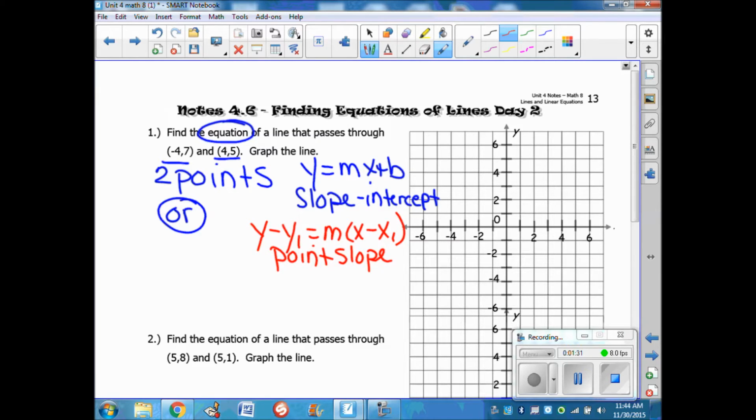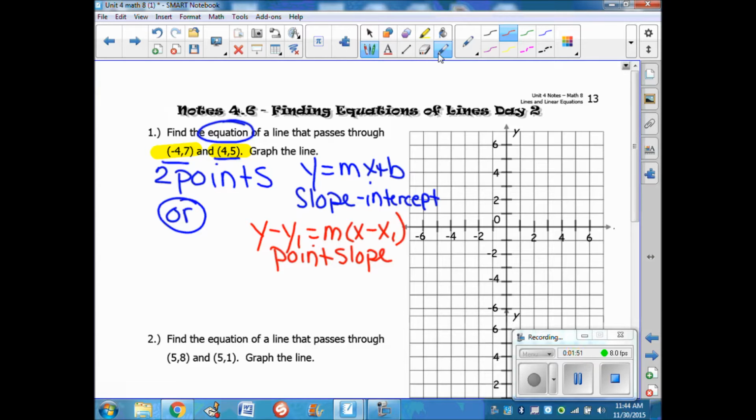formula. Okay, but when we're given a graph, we've got the graph right there. I would take and plot those 2 points. So let's plot those 2, and then let's make a decision which one we want to use. Whether we want to use the y equals mx plus b, the slope-intercept, or we want to use the point-slope form.